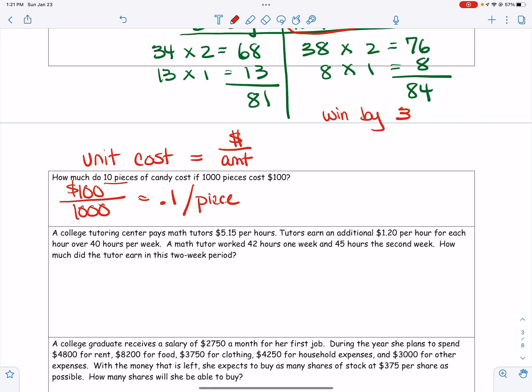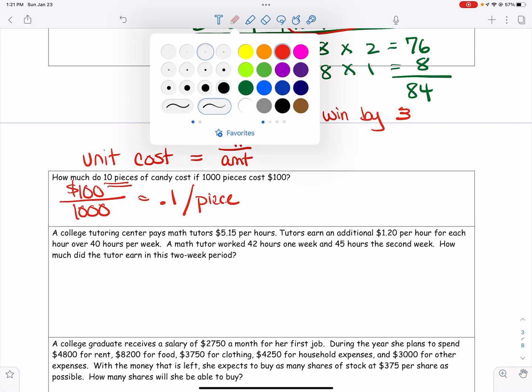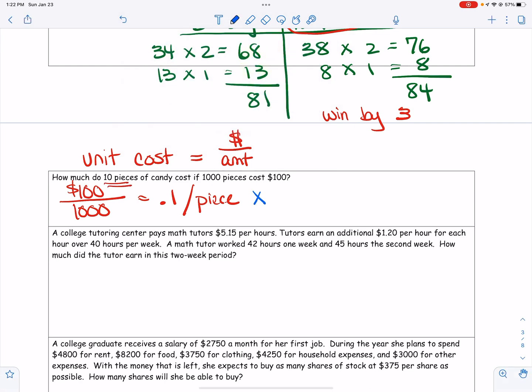But you want to purchase 10 pieces. So now we have to multiply the cost of one piece times the number of pieces that we're buying, and we get $1. So that's one way to do it. If you like that ratio proportion, then you can do price over amount, and you can set it up this way.